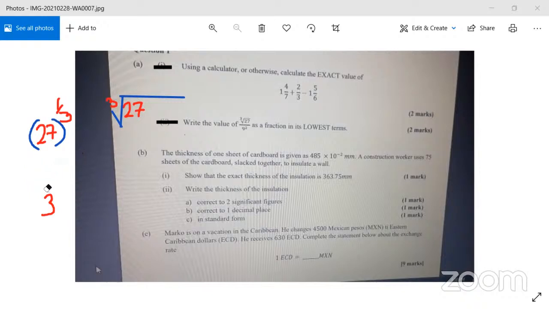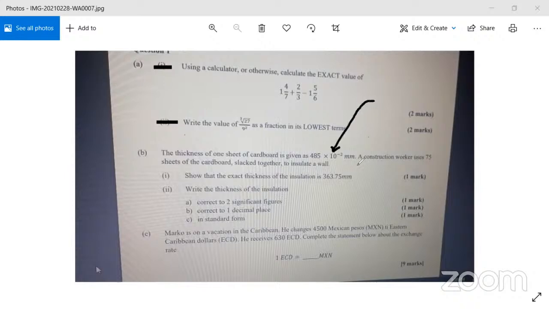So this one is put in words. The thickness of one sheet is given as 485 times 10 to the minus 2. Now, if we remember 10 to the minus 2, or again, this comes right back to indices, right?